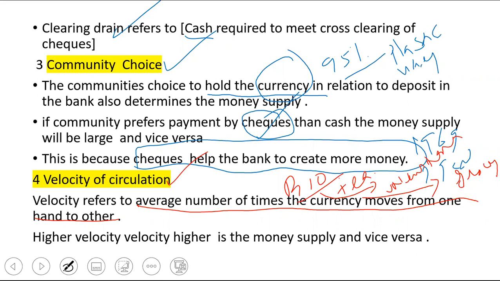Now the money is in the hands of the tomato seller. Like that, every day the currency circulates so much that sometimes it even leaves the home state. That is the meaning of velocity.